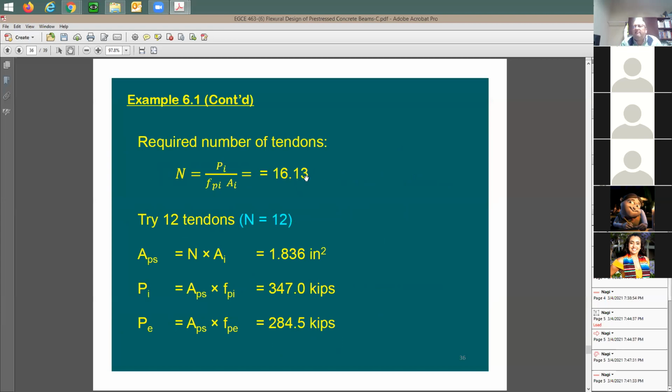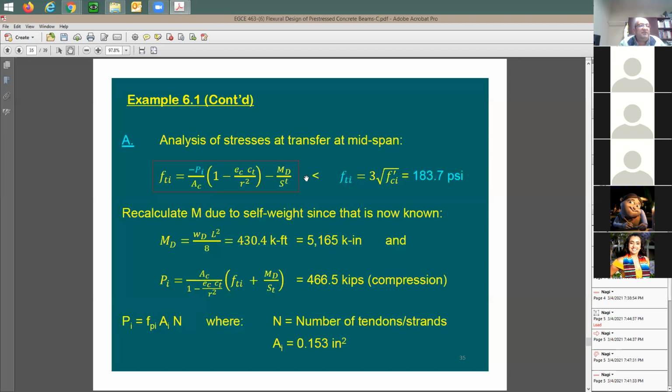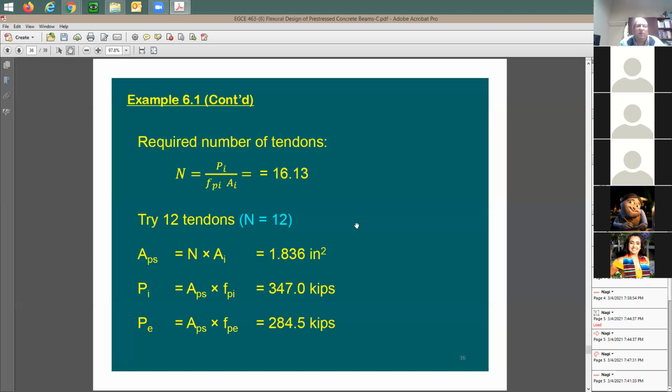Can I go to 17? I'm going to say no, because if you go to 17, you're going to be putting more prestress force, and you're going to be going beyond the stress limit. You're going to be going, let's say, 185. So the beam is going to be failing. This is not good. You need to reduce it. You cannot really use 17. Use 16 or lower. So here we say, let's try 12.